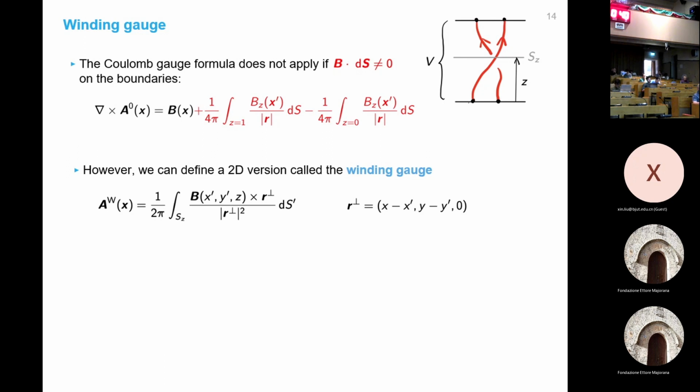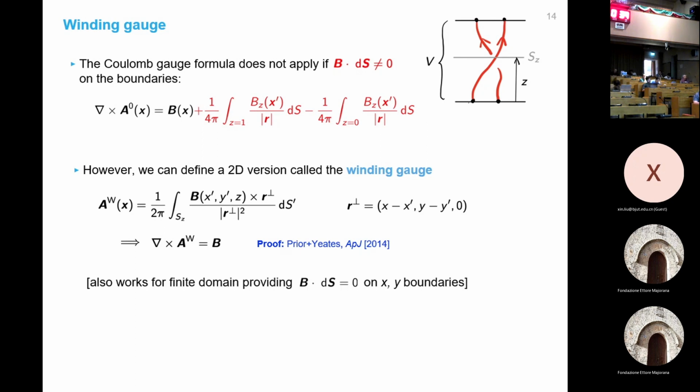So if I want to calculate my vector potential here, I only integrate on S_Z, the gray surface. And so my R, the distance between the point X and the point X prime, is essentially a two-dimensional vector. You can show that if you curl this, you get B now. I'm not going to go through the proof of this.